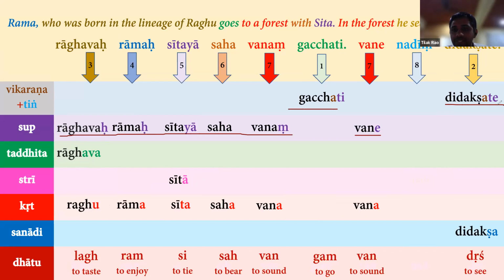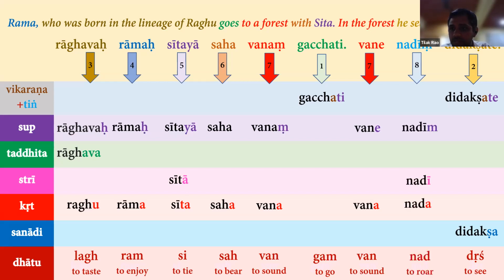In two examples there is ting, to get the verb form, and in all other examples we have sup. By adding sup, we get noun forms. Okay, Nadim is left. In Nadim, there is a stri pratyaya.